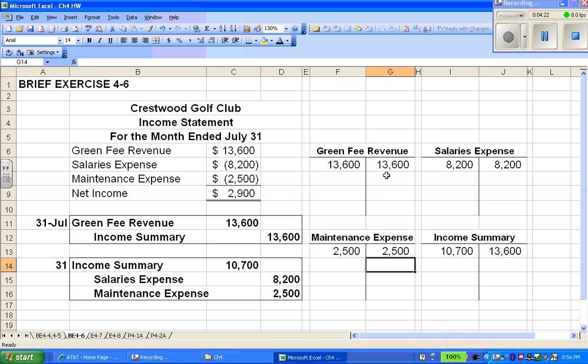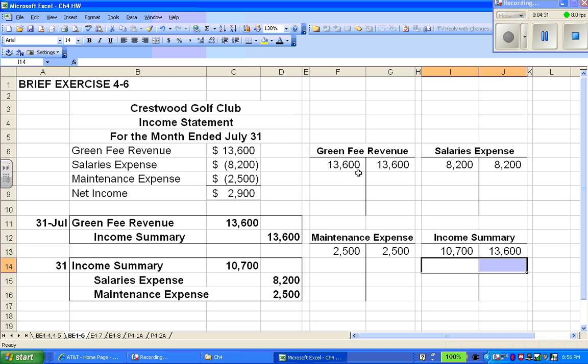So you can see my revenue and expense accounts now become zero, and my income summary, if I calculate my balance here, I'm just drawing a line so you can designate the difference between seeing the balance and actually seeing entries being posted in there. So I'm just going to take the credit of 13,600 and subtract from that my debits. And so we have in my income summary account a credit balance of 2,900.